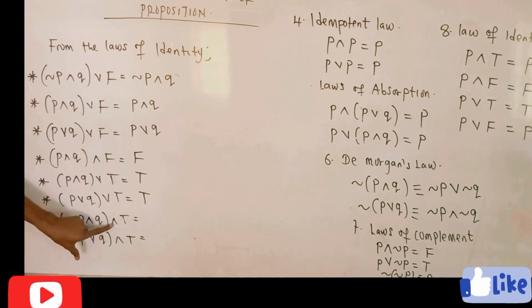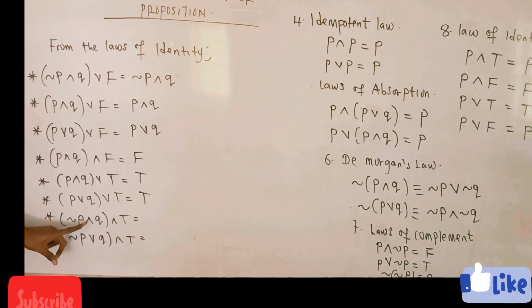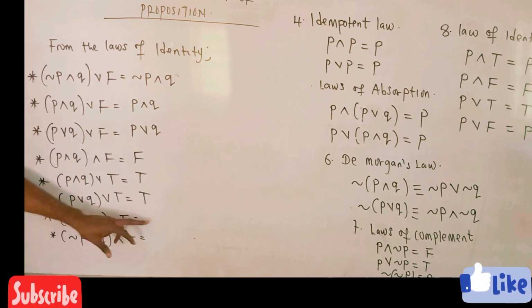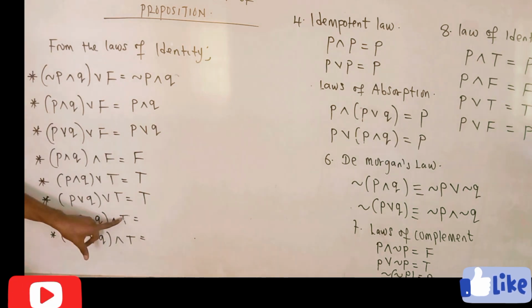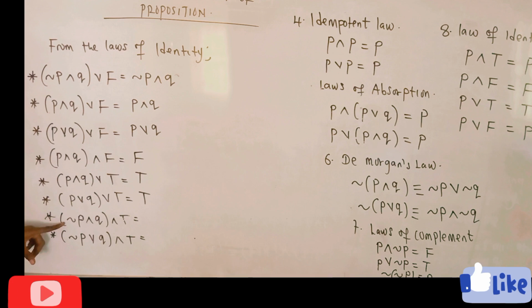Then anything and T depends on that. Because if this proposition is false, definitely false and true is false. If this proposition is T and T is what? T. So the truth value of this combined proposition depends on this particular proposition on the left hand side.